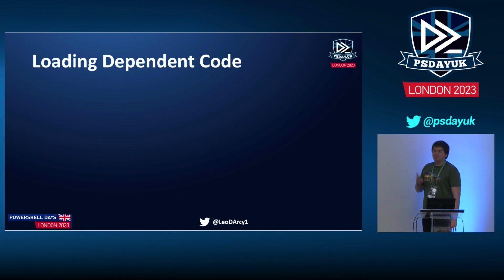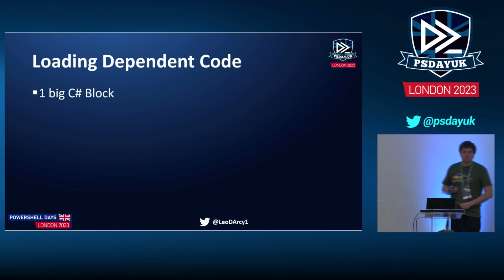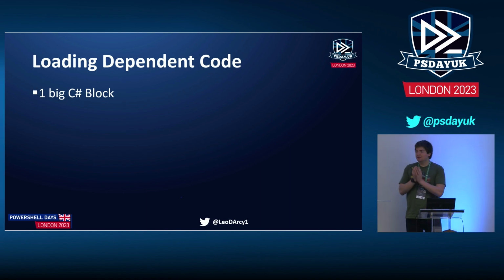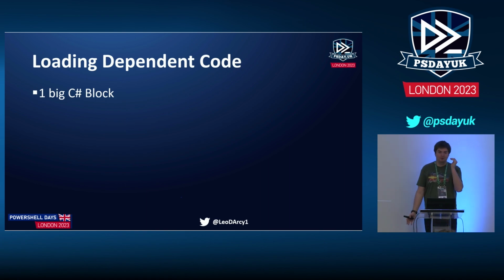So, loading that dependent code. What I showed you was the one big C# block approach, which is the easiest to deal with. But if you are starting to use lots of different APIs and things, then that can become quite an unwieldy block of text in the middle of your PowerShell code.